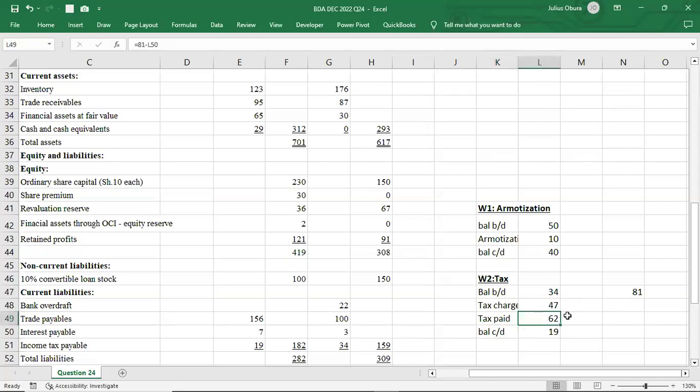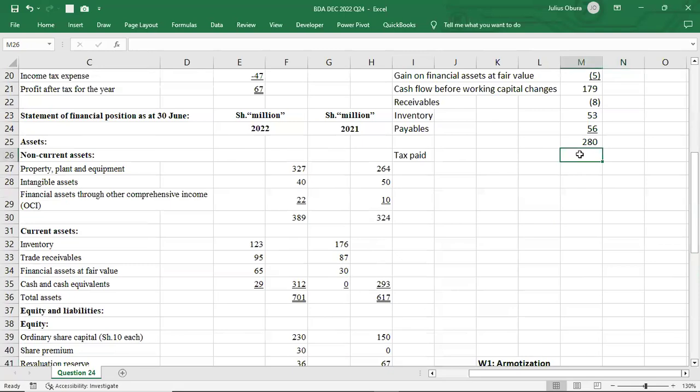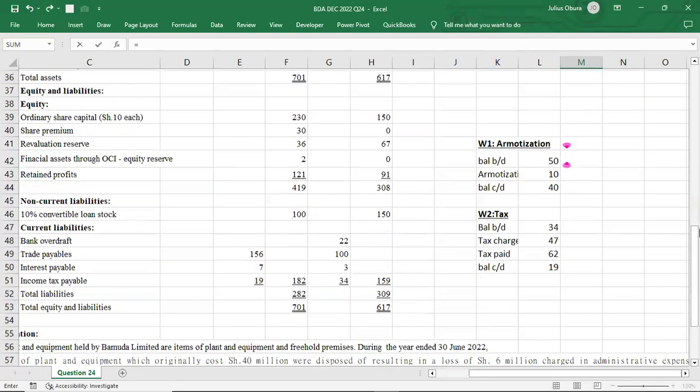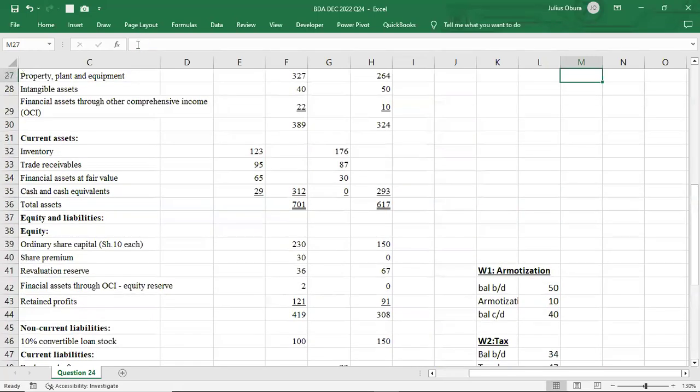So our balancing figure is what we call the tax for the year. For our tax paid, we'll say this is equal to 62. And of course, we are supposed to subtract it because that is a cash outflow.